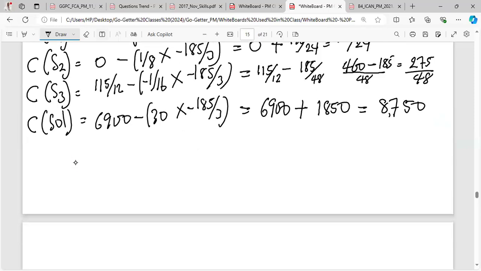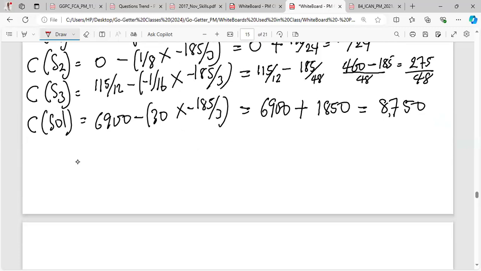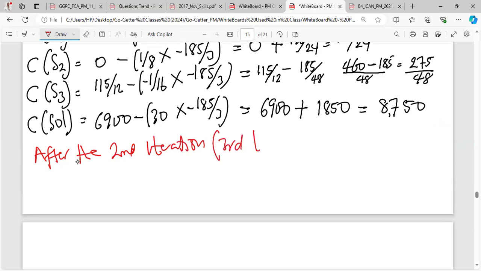So I'll write down here: after the second iteration, which is the third table, there was no negative contribution.